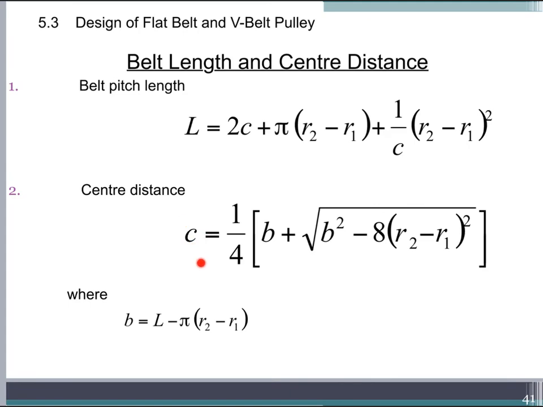So c we can find from one quarter of (B plus the square root of B squared minus 8 times (r large pulley minus r1 small pulley) to the power of 2). And then B we can find from this formula, which is B is equal to L minus pi times (R for large pulley minus R1 for small pulley).